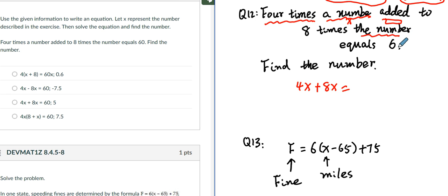The 60 equals 60, not 6. So that is 60. And then 4 plus 8 is 12x equals 60.